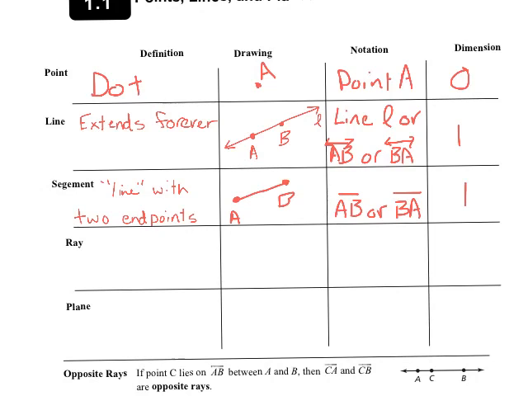Okay, so we know the difference between a line and a segment. So let's throw ray in there. Do you guys know the difference between a segment and a ray? Take a quick 30 seconds to talk to your groups. What's the difference between a segment and a ray and a line?